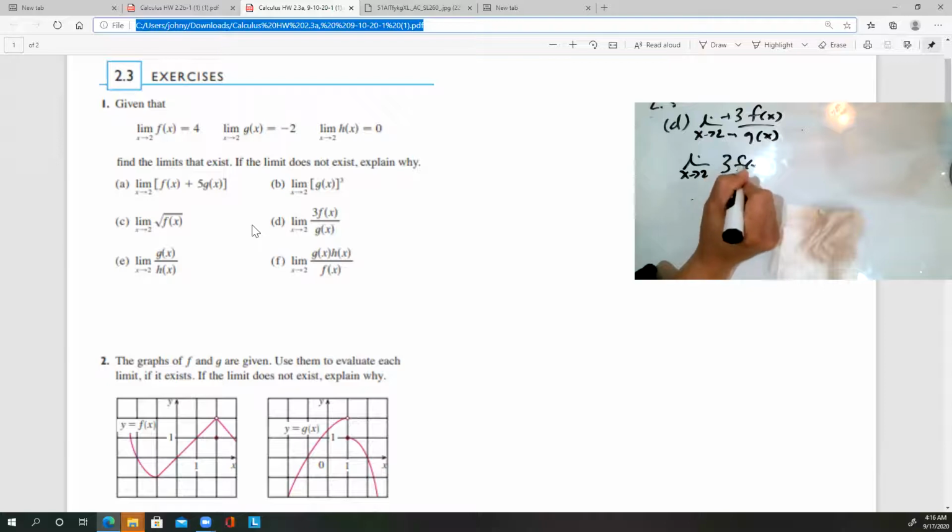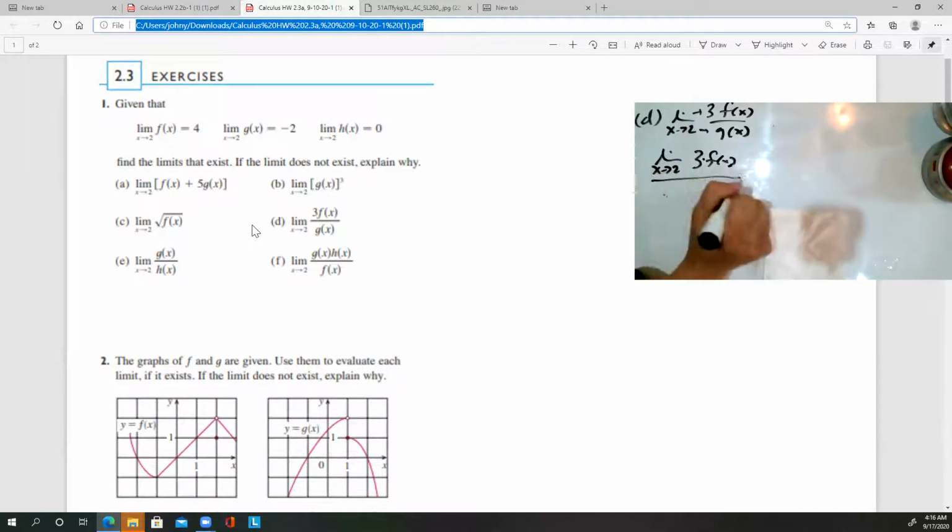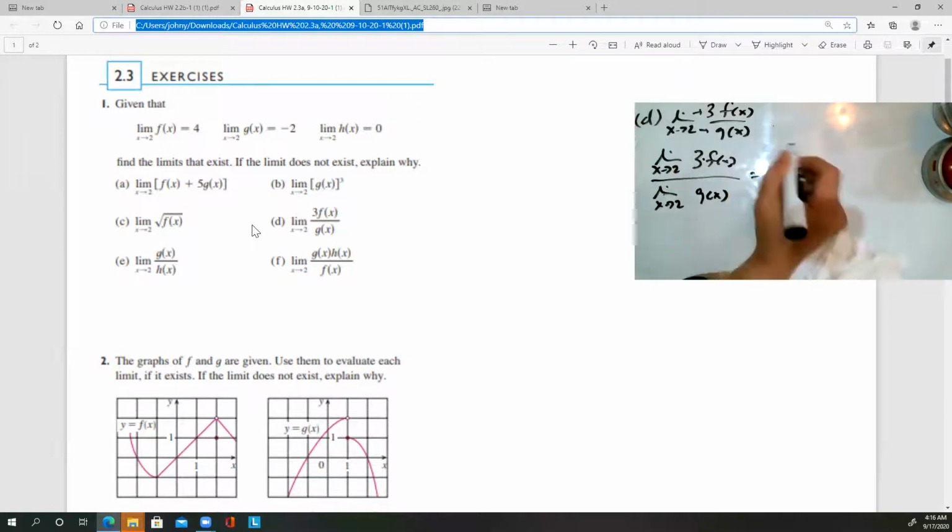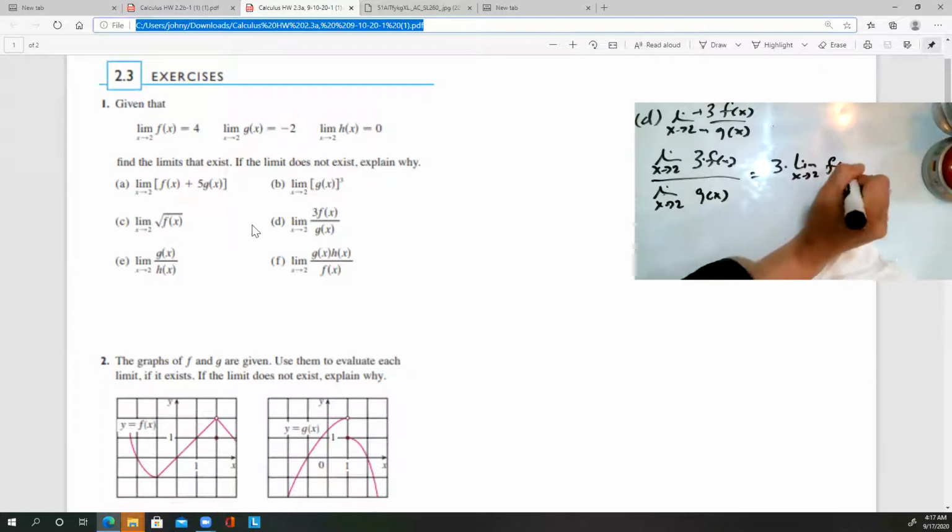This means 3 times f of x, okay, divided by the limit as x approaches 2 of g of x. We know that if it's a constant times a function, the constant can always come out to the front. That becomes 3 times the limit as x approaches 2 of f of x divided by the limit as x approaches 2 of g of x.